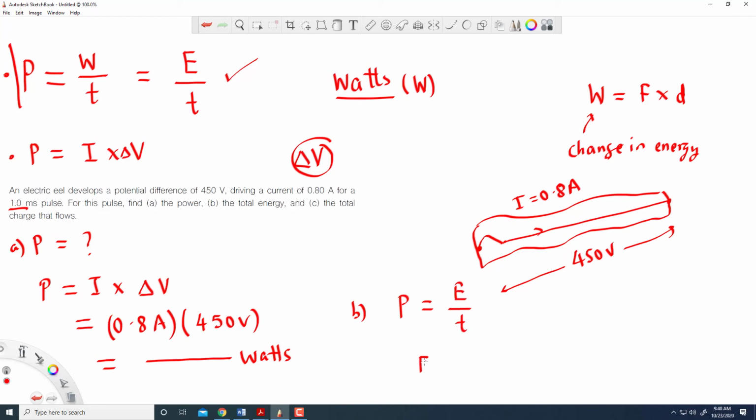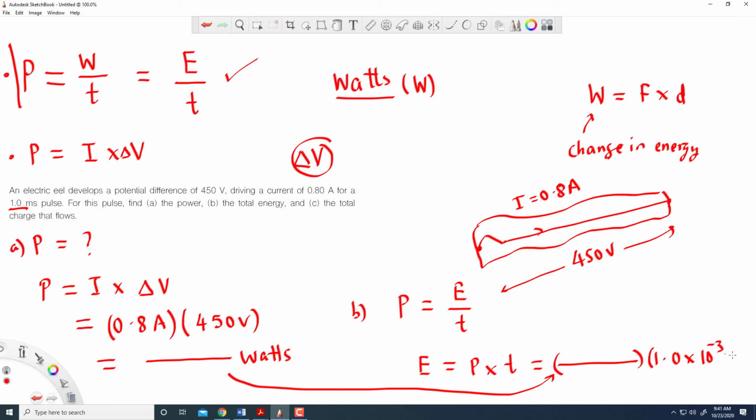Okay, so energy delivered during a certain time is power times time. Power is what we just found from here, and that times 1 millisecond, 1 times 10 to the negative 3 second. Okay, that gives us the energy. Energy is measured in joules, right? Capital J.